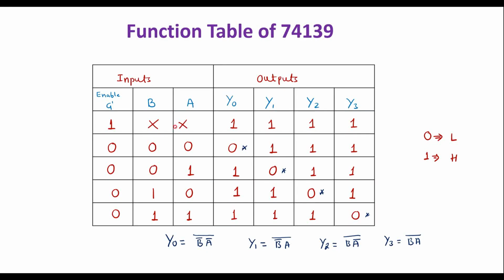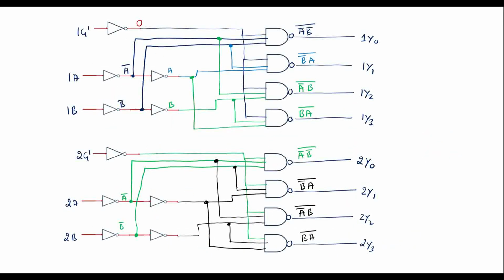Now let me consider A and B equal to 0, 0. If A is equal to 0 and B is equal to 0, here we can see that A bar will become 1 and here B bar will become 1. 1 dot 1 is 1, complement of this will be 0.